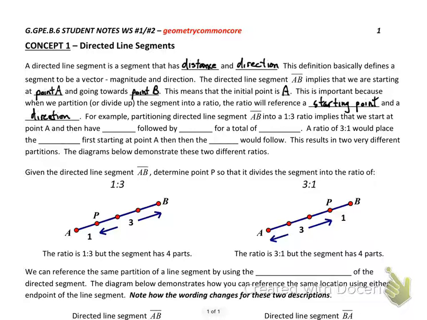We're looking now at this, for example, partitioning directed line segment AB into a 1-to-3 ratio implies that we start at point A and then have one part followed by 3 parts for a total of 4 parts.